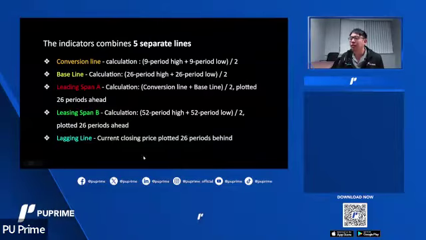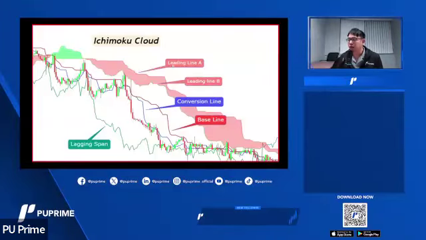Regardless of whether it is plotted ahead or plotted behind, the core logic behind the entire Ichimoku is the belief that eventually the price will find a balance and trade to its equilibrium price. So this is the core. The Ichimoku Cloud looks like this. It is very complicated, but if you understand it, it will be very lovely to use, because it tells you about the future. Remember, it is plotted ahead.